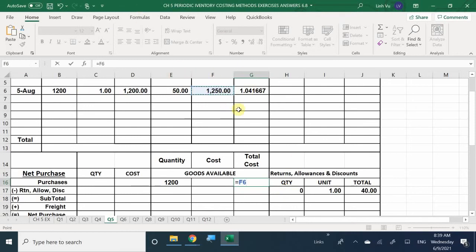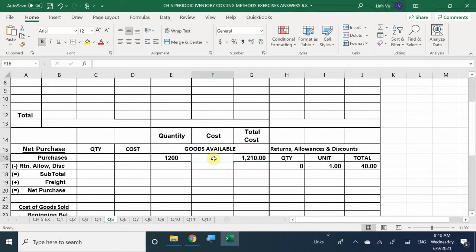So in this case, what is my grand total for this batch? $1,210. So now that I have a new cost but the same quantity, I still need to calculate my new cost per item, because even though my unit prices are the same, I still need to spread my $50 freight among my 1,200 units.